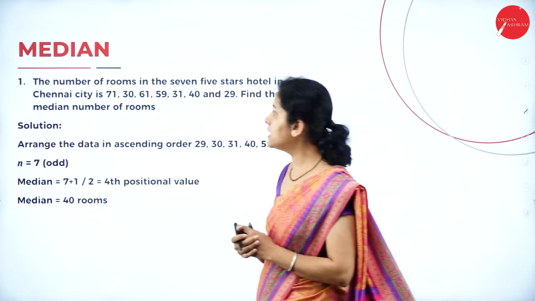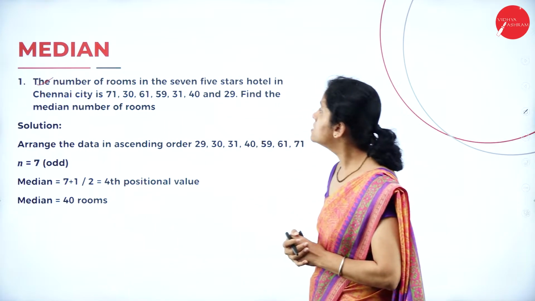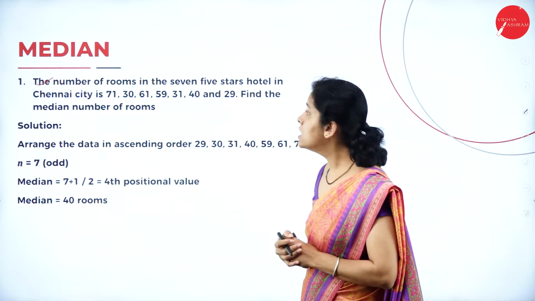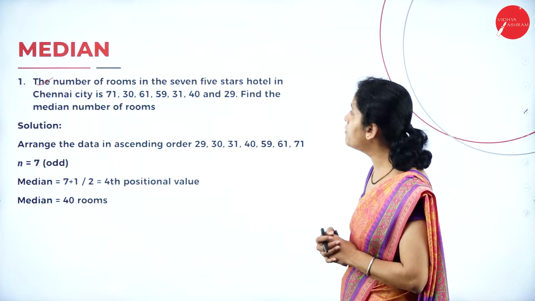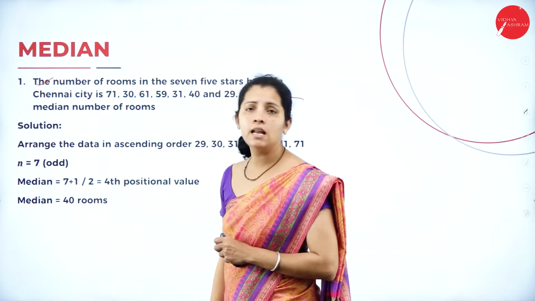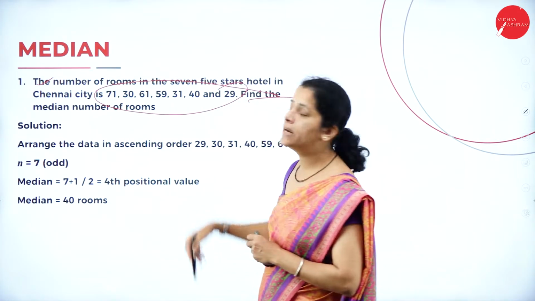So dear student, consider the example here. The number of rooms in the 7 five-star hotels in Chennai city is 71, 30, 61, 59, 31, 40 and 29. Find the median number of rooms. So this is the example for ungrouped data.